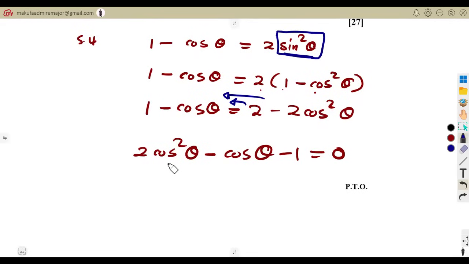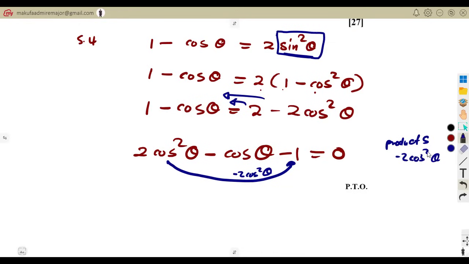I don't know which way you are used to. As for me, I'm going to multiply the first term by the last term. 2 cos squared times minus 1 is going to give us negative 2 cos squared theta. So we need the products or factors of minus 2 cos squared theta.